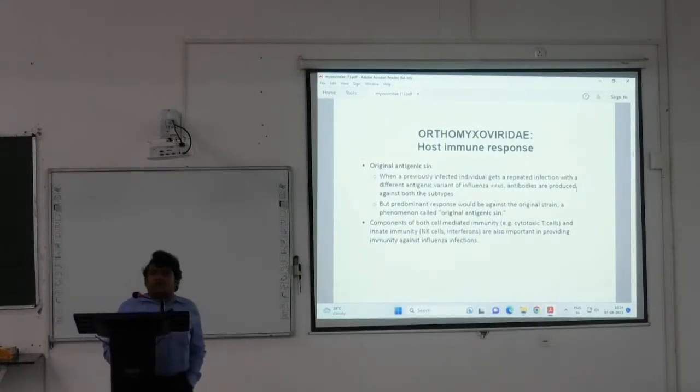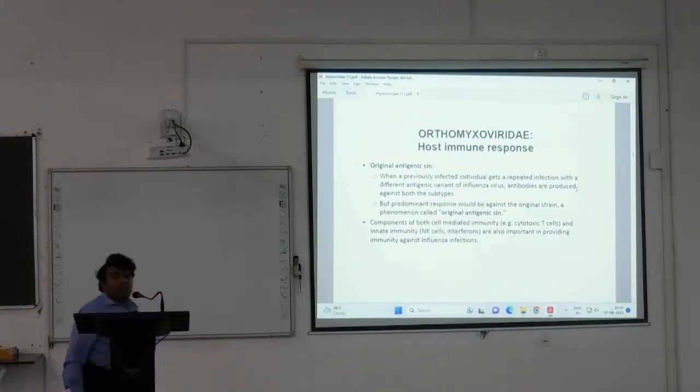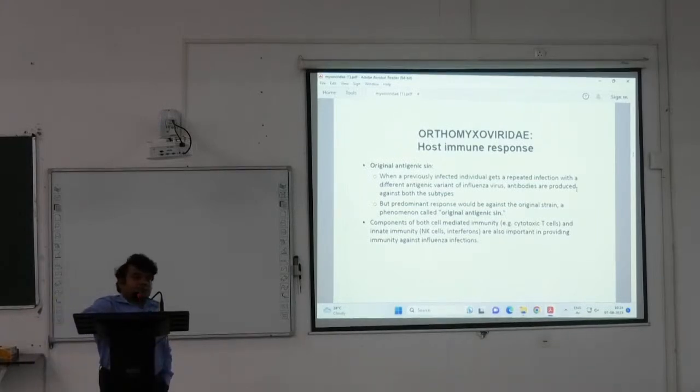Another concept in influenza virus is known as original antigenic sin. Now you have understood that there are many antigens of influenza virus, and because of the different types of antigen, a particular human being can get infected with influenza virus of different antigens repeatedly. If you remember the immune response, when a person is infected for the first time, he or she will produce antibodies.